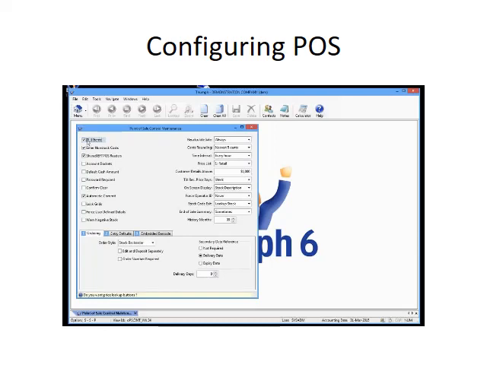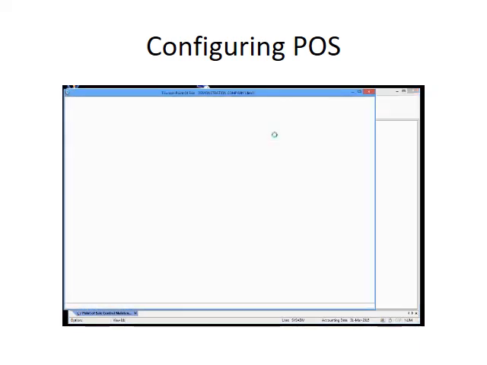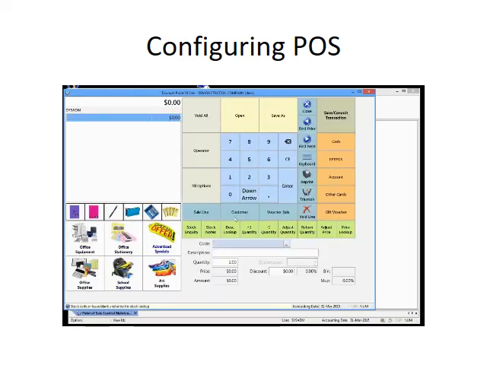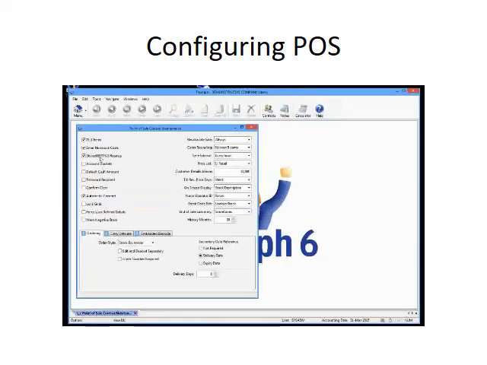If I minimize there and go into point of sale, what you'll actually see is PLU items is this whole section down the bottom here. I'll close out of there, turn that off.